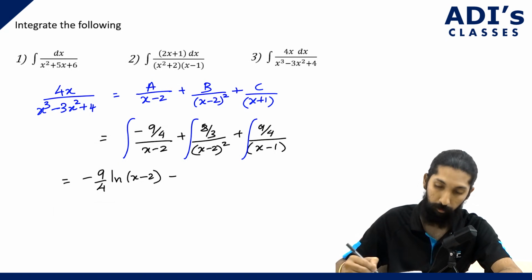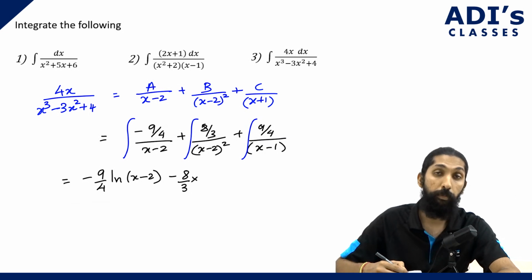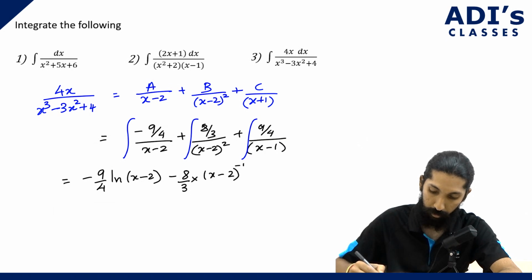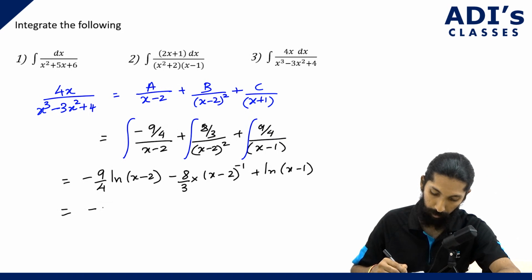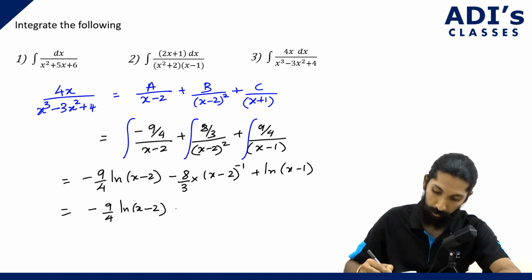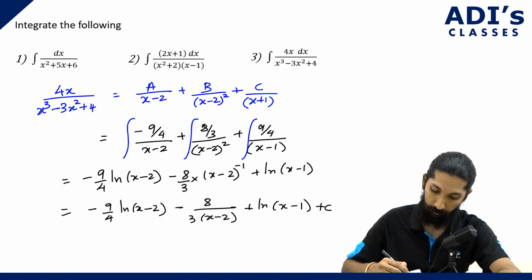So the integral becomes 8 by 3 into power minus 2 plus 1, power minus 1, so into x minus 2 whole power minus 1, plus log of x plus 1. So the final answer would be minus 9 by 4 into log of x minus 2, minus 8 by 3 into 1 by x minus 2, plus 9 by 4 log of x plus 1, plus c.